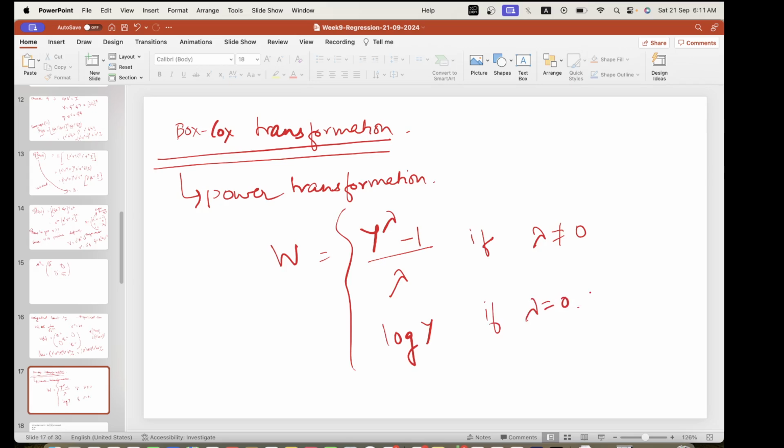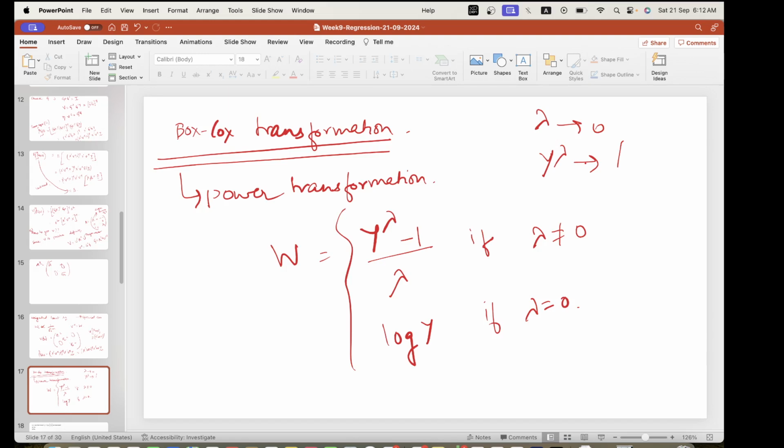This is another specially useful class of transformations, but it comes with its own set of disadvantages. The first disadvantage being that if lambda tends to 0, then y to the power lambda will tend to 1. So the variation in y will gradually disappear as we move lambda towards 0.